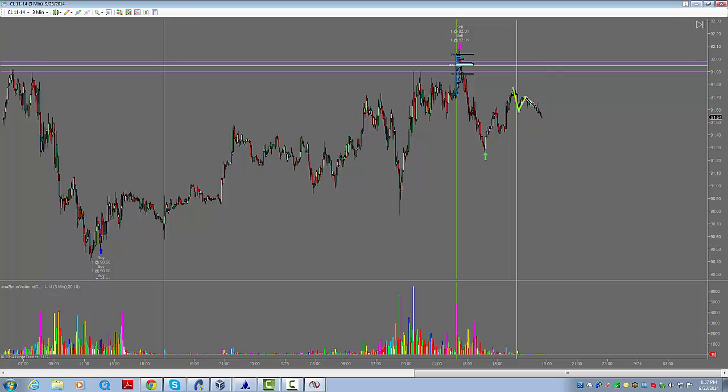Usually overnight there's not a really clear structure, but we've just got to wait and see what this is going to turn into. If we start to move up from here, then that would of course be a good sign, but hopefully we don't break this low. If we break this low, then I'll probably get stopped out. My stop is right around this area right now.